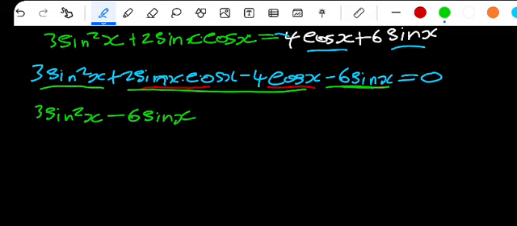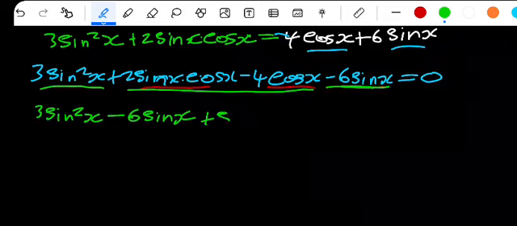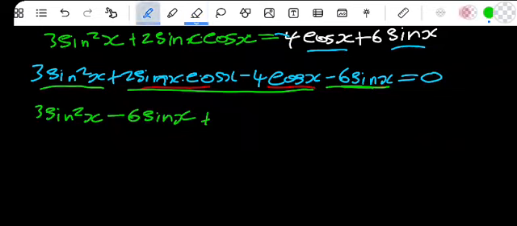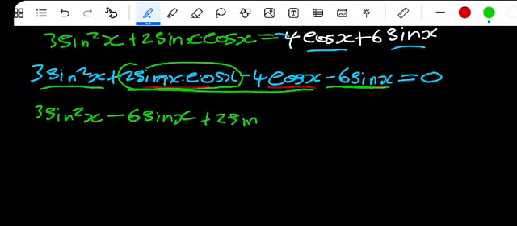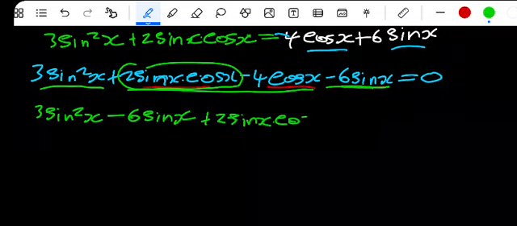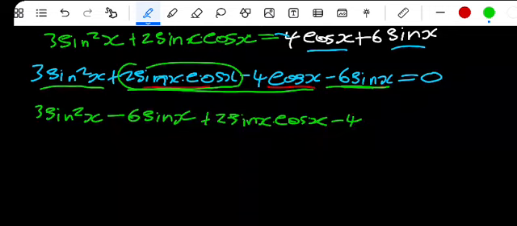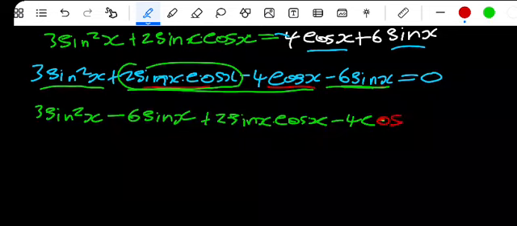We're left with 2 plus sine, plus 2 sine x multiplied by cos x, and minus again 4 cos x. This must be equal to 0.